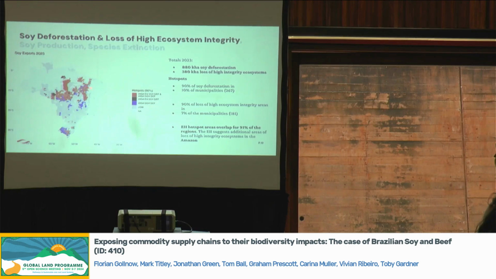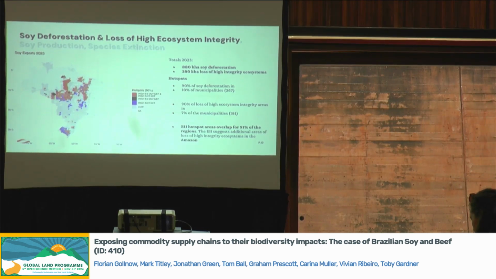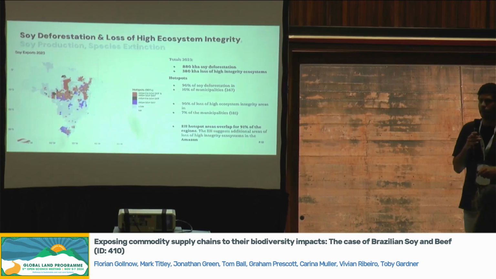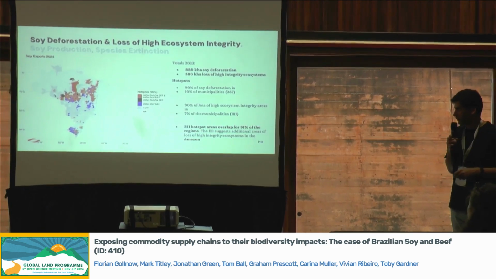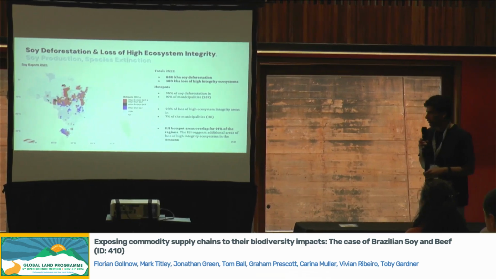Again, we can see the different hotspot overlaps and differences, and particularly in the Amazon region, there are a couple of regions which are not necessarily mapped by soil deforestation hotspots, but by loss of high integrity areas. But the overlap is much bigger than for species extinctions.